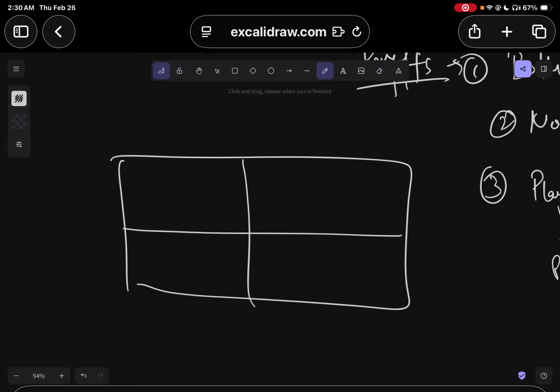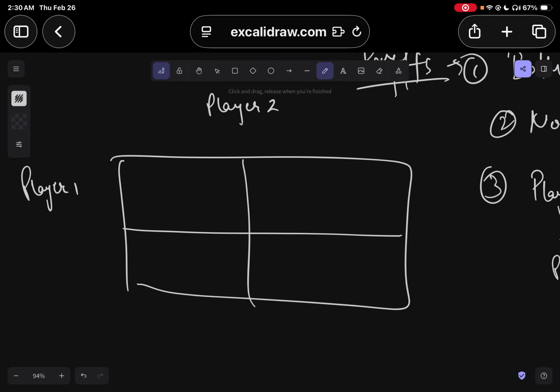So always there will be player 1 on this panel and player 2 has his rewards on this panel. We will say confess, not confess, confess and not confess. So if both of them confess, then minus 5, 5 years prison to both of them.